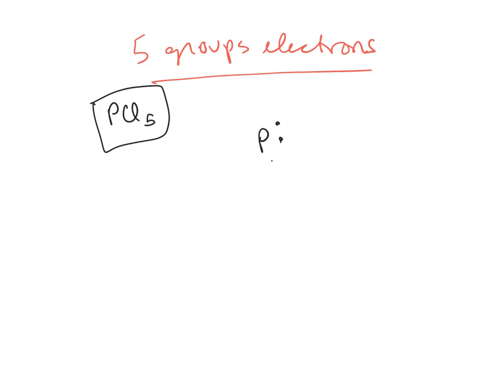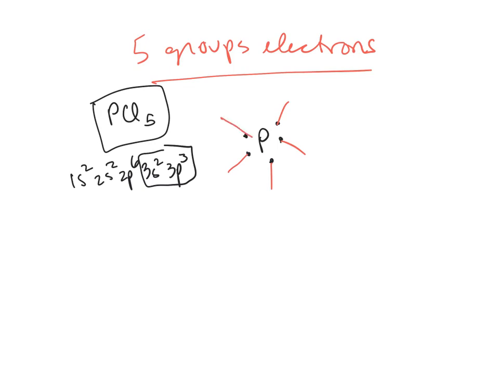There's 5 electrons in the valence shell. 1, 2, 3, 4, 5. So think of the configuration. It's 1s2, 2s2, 2p6, 3s2, 3p3. Okay, there's 5 electrons in the valence shell. Then I tend to just kind of, I'm not looking for right angles because we know that in this case there's going to be 5 bonds.